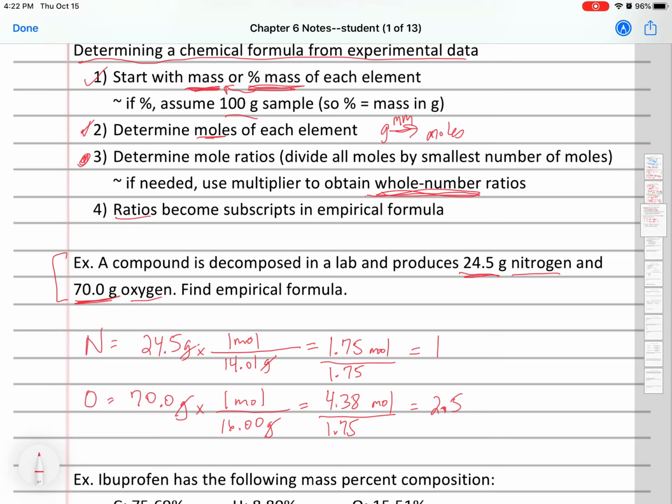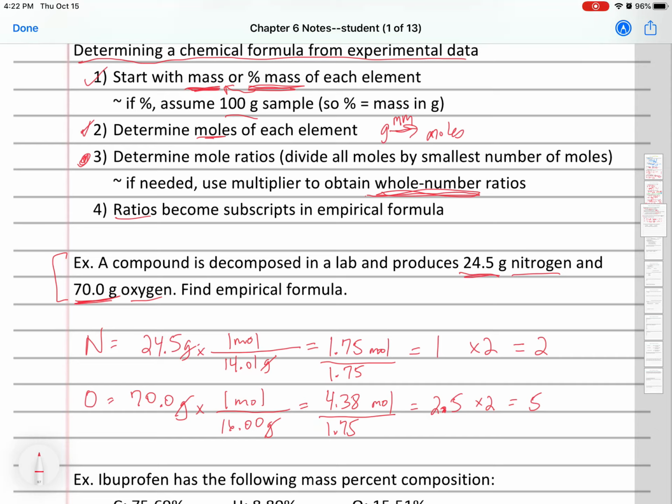All right, 2.5 is not going to do. We need these to be whole numbers. So we need to multiply them both by the same number to get to a whole number. So 2.5 times 2 is 5. So we have to multiply the 1 by the same number. And so now we have whole number ratios. So 1 to 2.5, that is a ratio, but they're not whole numbers.